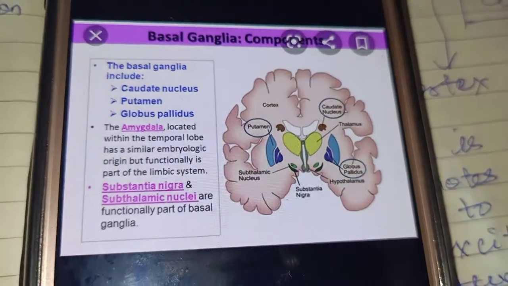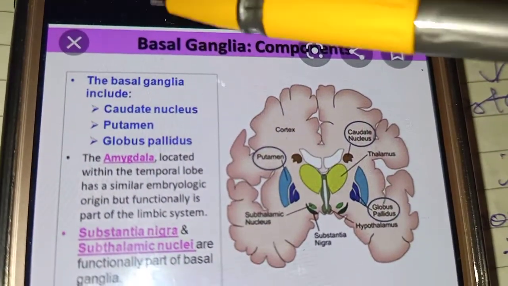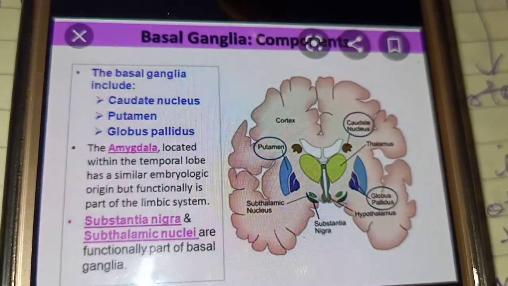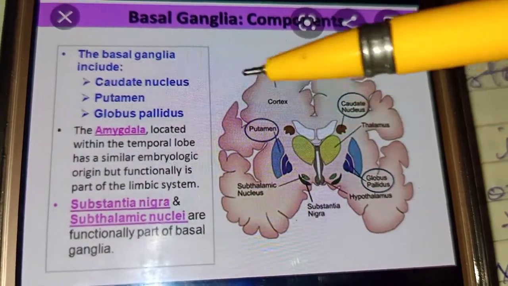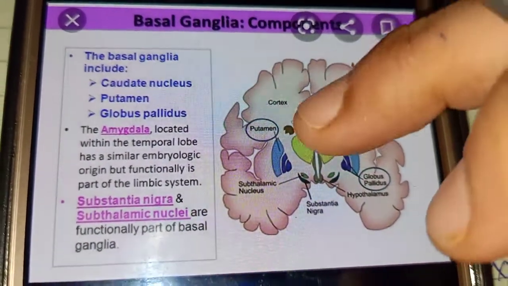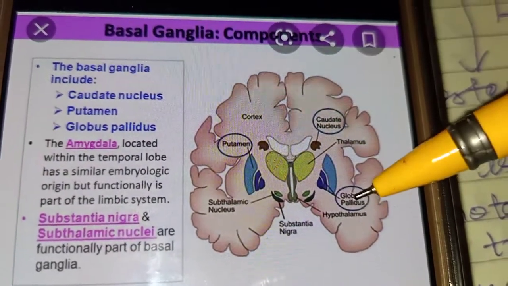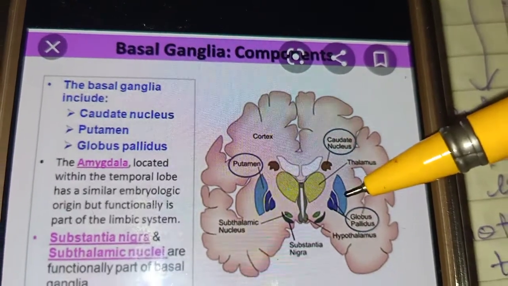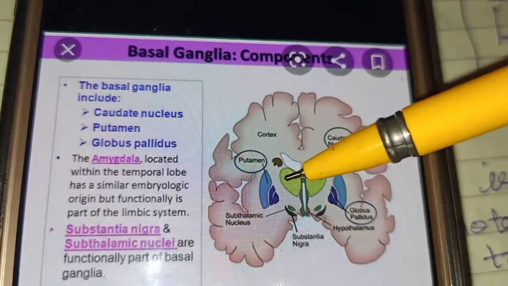These are the components, and the main component of this pathway is the basal ganglia. Now it consists of the caudate nucleus and putamen. Please remember, then it consists of the globus pallidus, which has two parts, internal and external. This is the thalamus.